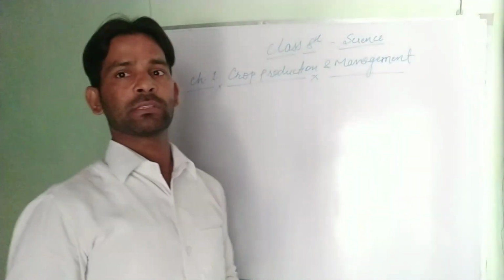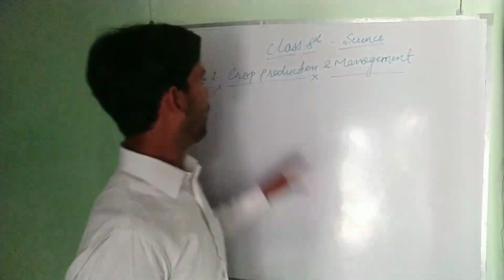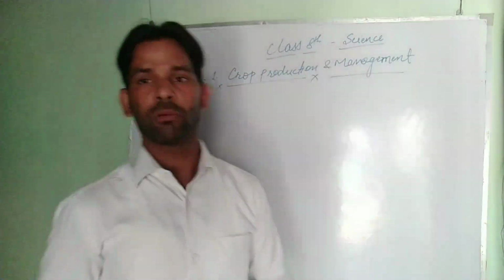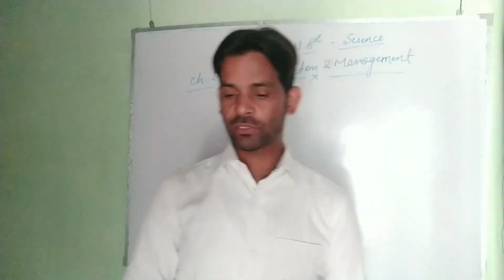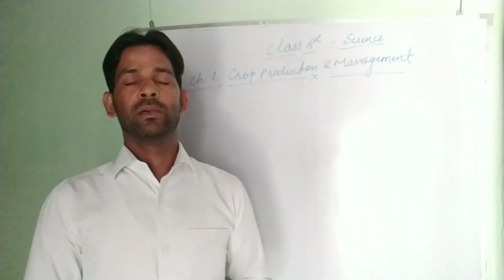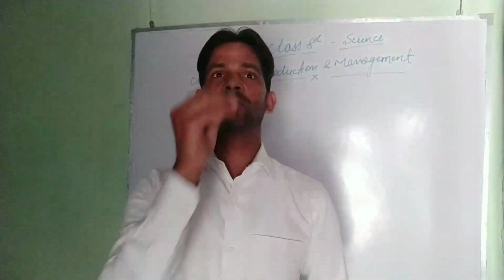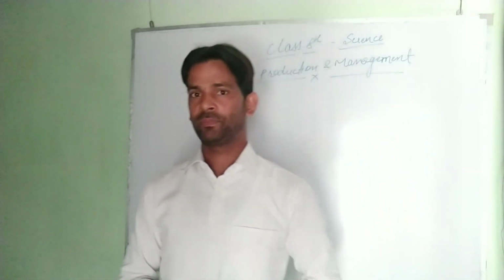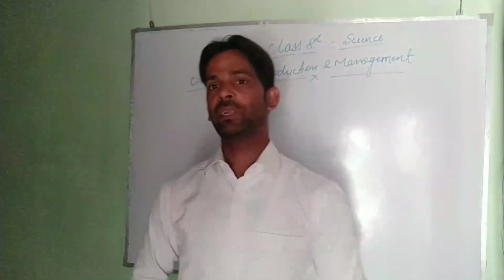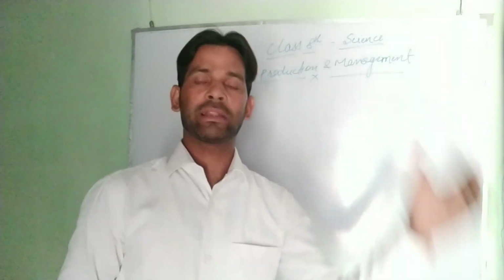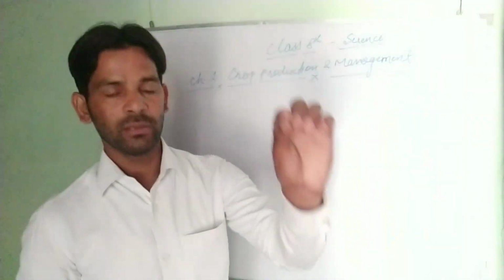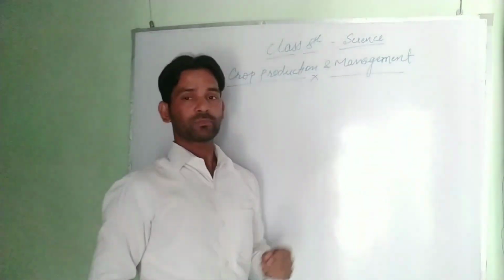What are these processes called? What is crop production? Crop production is how the production of crops may take place. The production of crops may take place by the different agricultural activities or agricultural processes.